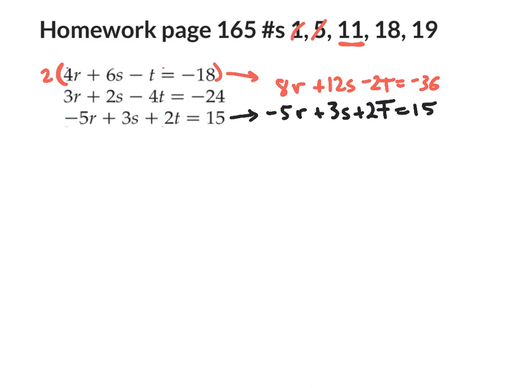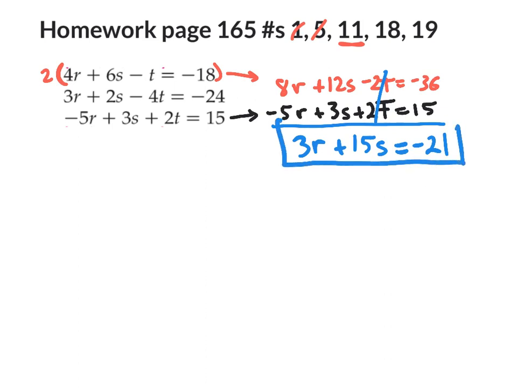So now we're able to combine the lines, and the t's will eliminate, giving us a new equation that only has 2 variables. So we have 3r plus 15s equals negative 21. Okay, so that is our new equation number 1.